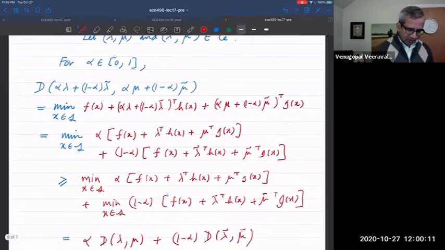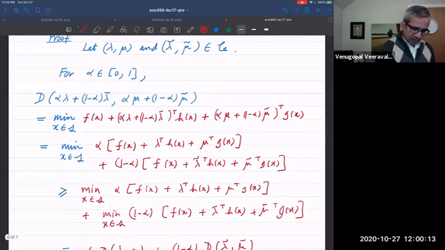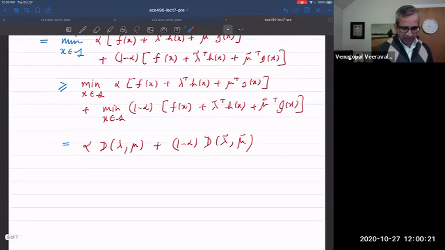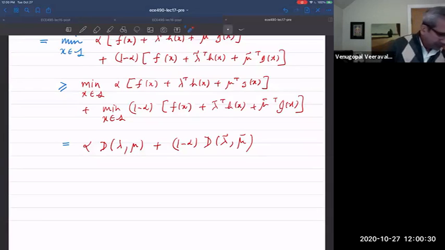So what we've basically shown is that d corresponding to the convex combination is bigger than the convex combination of the d's, and so this means that d is a concave function, or negative d is a convex function. Okay.